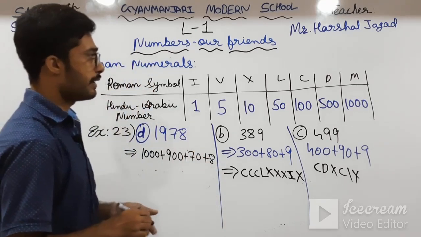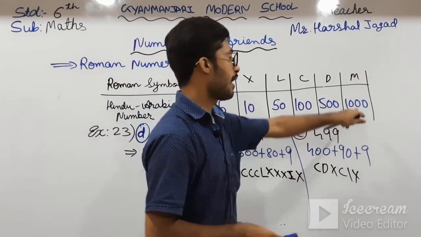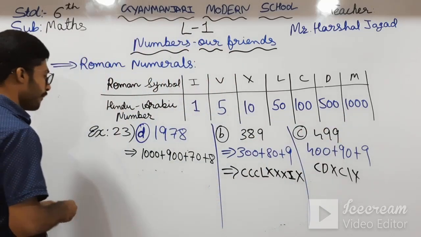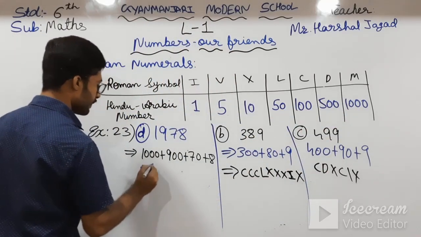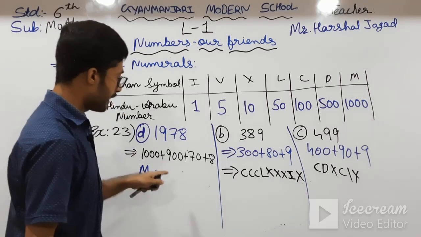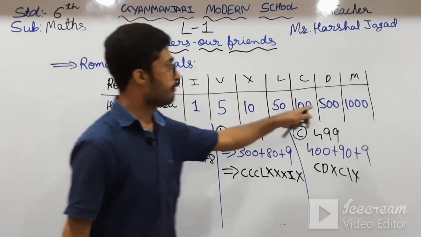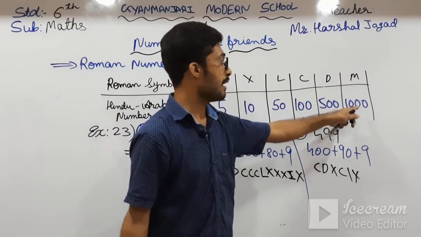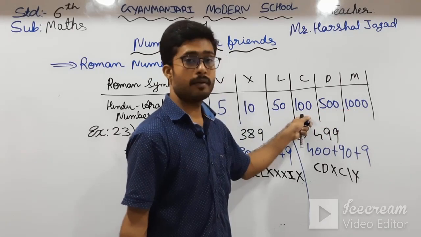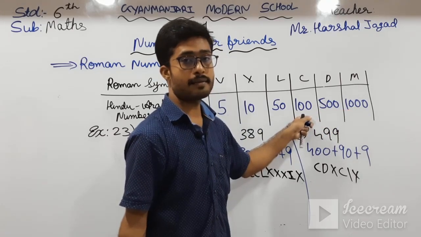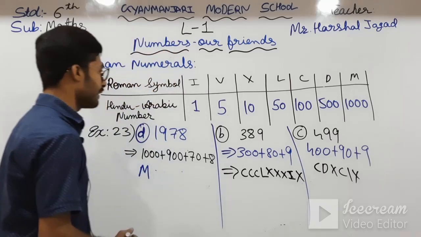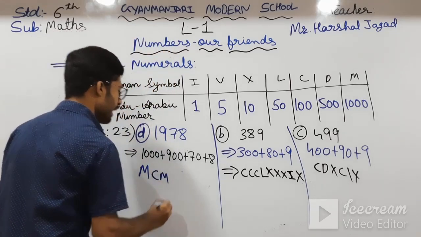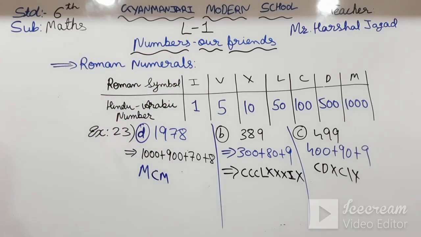So how can 1000 be written? 1000 can be written as M. And how can we write 900? 1000 minus 100, that is 900, that is CM. Can we write this, students?